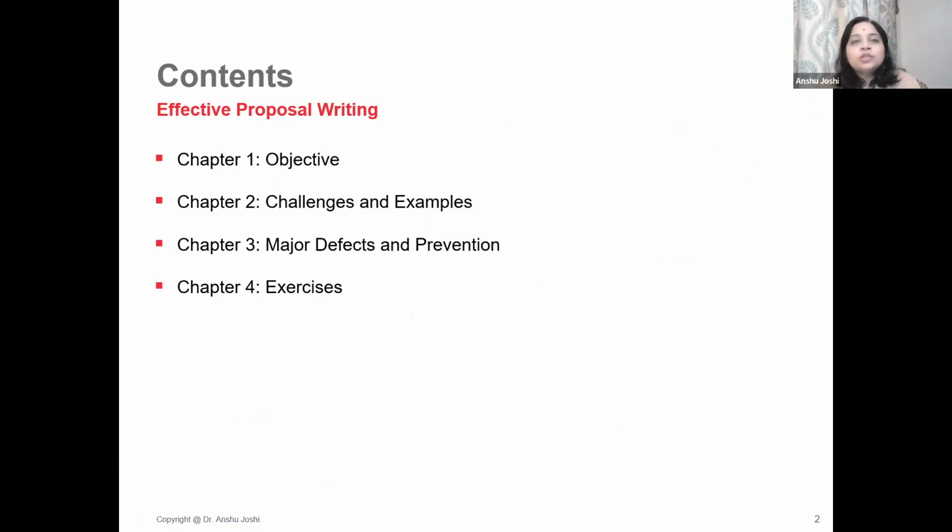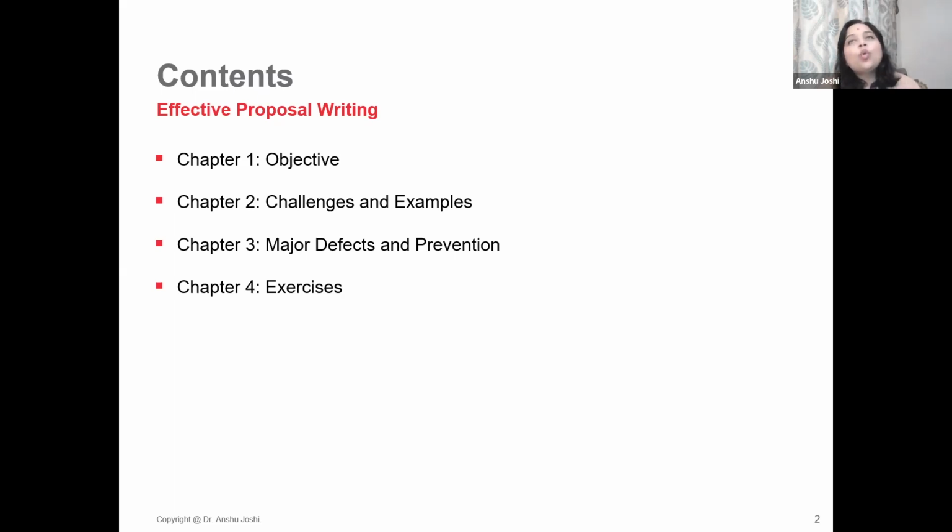So we are going to discuss the objective, not only of this session, but also of a research proposal. We would also see what are the different challenges that come in the way of writing an effective research proposal at different junctures, at different milestones, while preparing the draft of the research proposal.